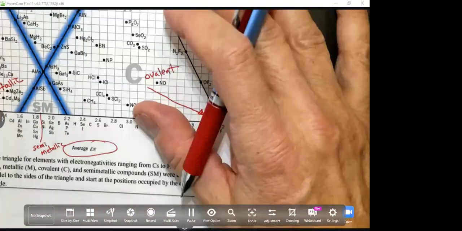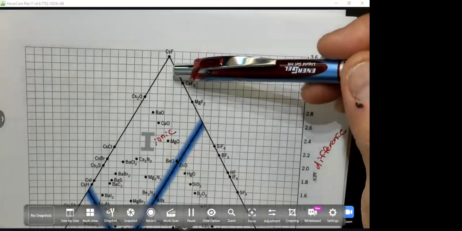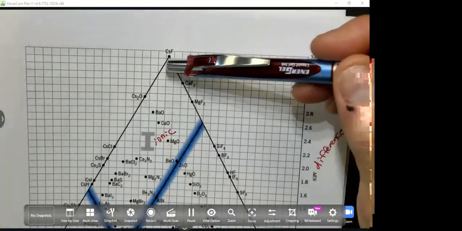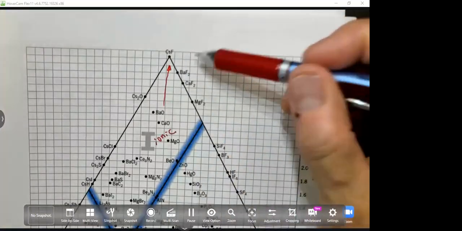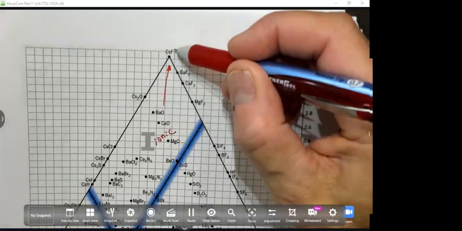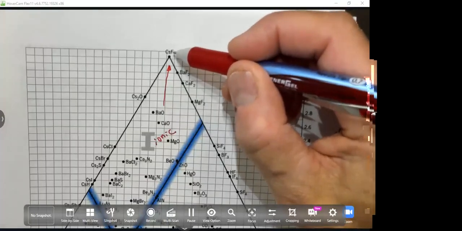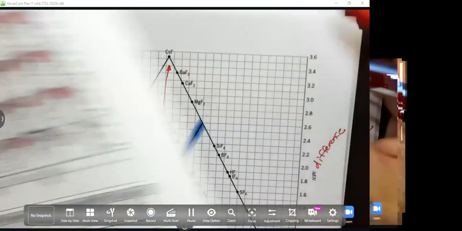Where do you get an ionic bond? Way up here, when you have the greatest electronegativity difference, right? The greatest difference. What's the highest electronegativity out of all of them? Fluorine. So what do you think the lowest is? Probably cesium.